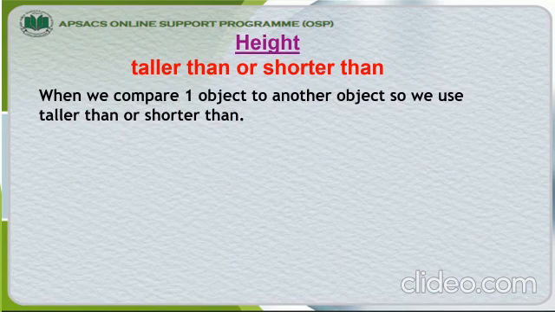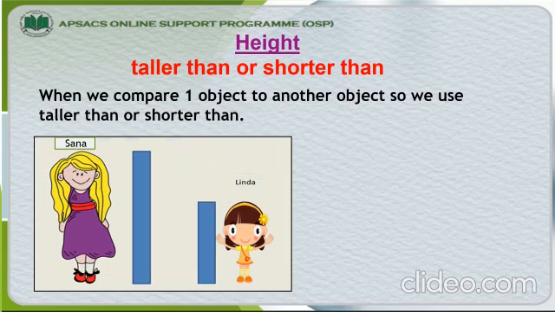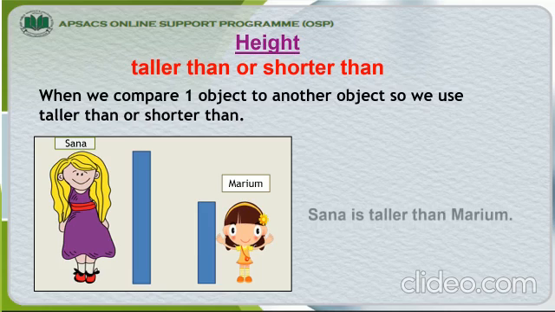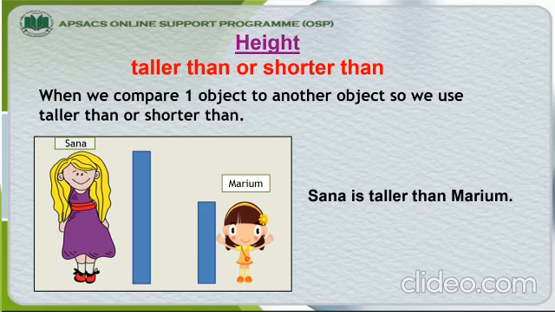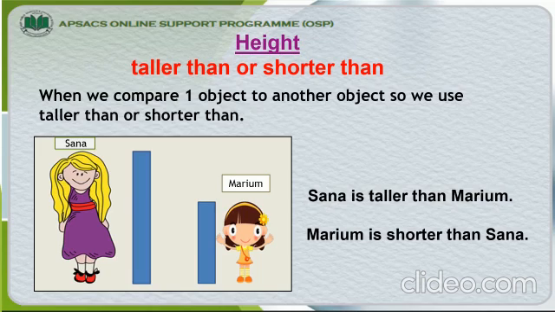Now, when we compare one object to another object, we use taller than or shorter than. Here you can see that Sana is taller than Maryam, and we can also say that Maryam is shorter than Sana.